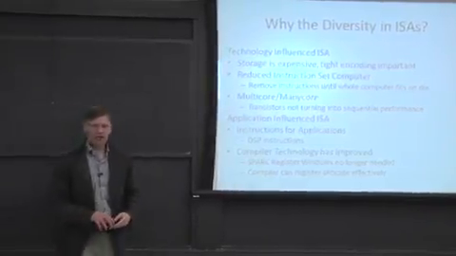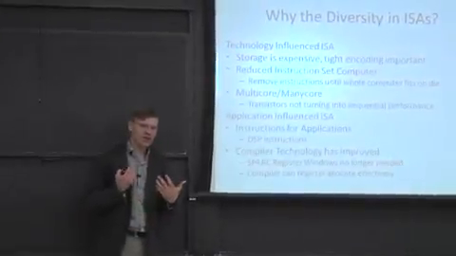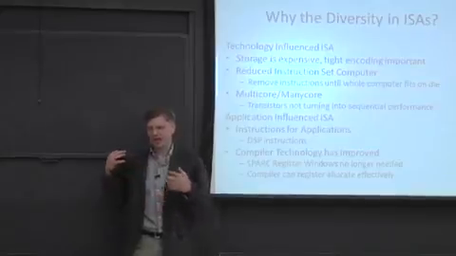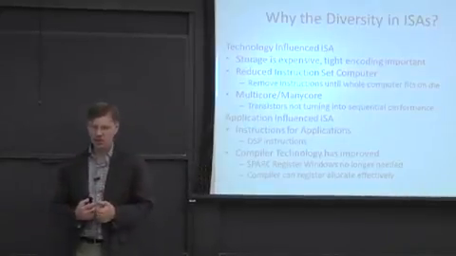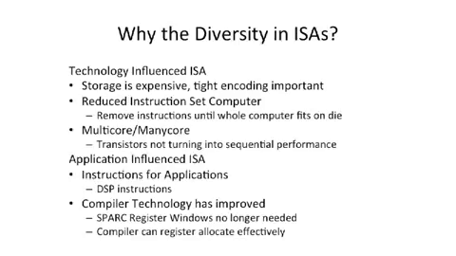So why all the diversity in these instruction set architectures? Well, instruction set architecture is actually influenced by transistor technology. So we see that if storage is limited, we might want tight encoding. And on the flip side, if you have a very small number of transistors, you might want to try to fit the entire chip on there.